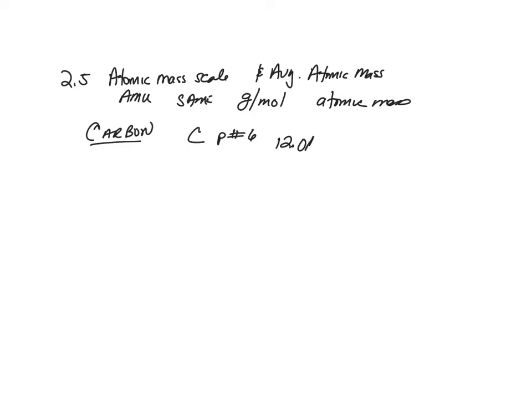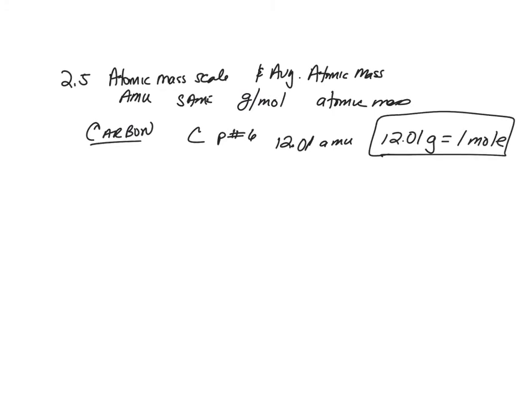Okay, you can say that's AMU, but I also say 12.01 grams equals 1 mole. And I like those conversion factors. We're going to talk about this later, but I like to introduce it because it's very powerful. It's going to be a toolbox, and those are your conversion factors. 1 always goes with mole. And this is your average atomic mass.